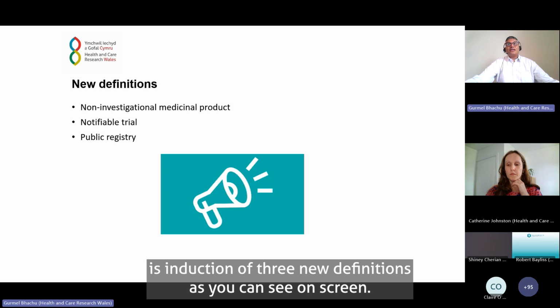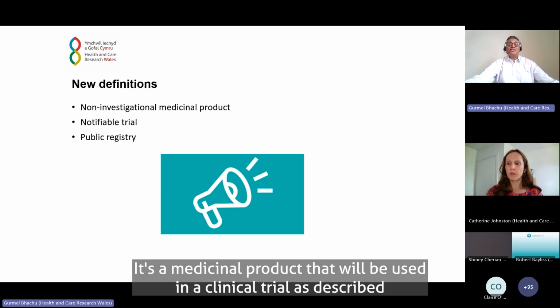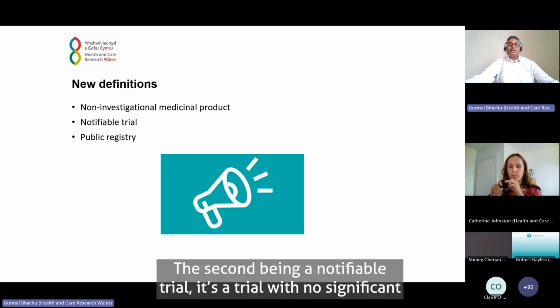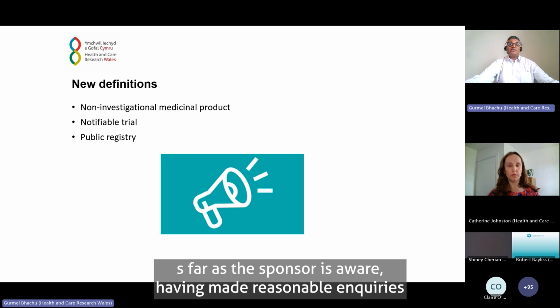So the first change is the introduction of 3 new definitions, as you can see on screen. The first one being a non-investigational medicinal product. It's a medicinal product that will be used in a clinical trial as described in the protocol, but not as an investigational medicinal product. The second, a notifiable trial, is a trial with no significant safety concerns relating to any of the investigational medicinal products, as far as the sponsor is aware, having made reasonable inquiries.